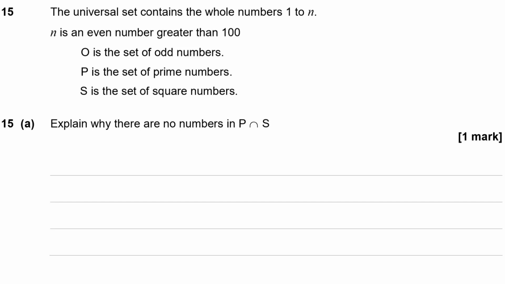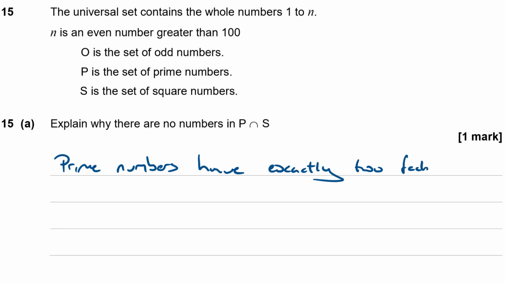So prime numbers have exactly 2 factors, whereas squares have an odd number of factors.